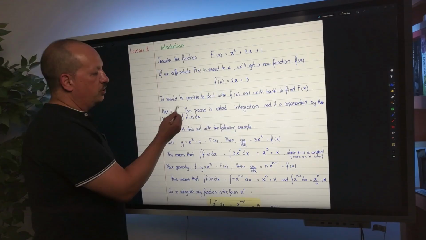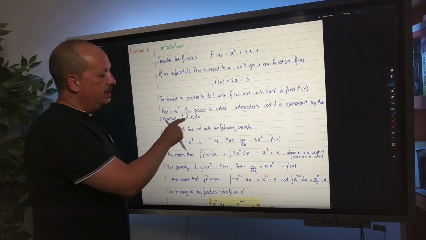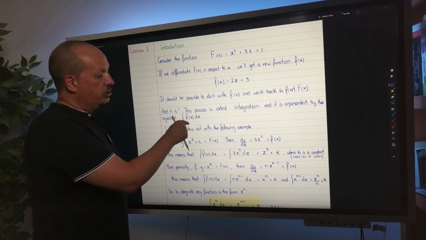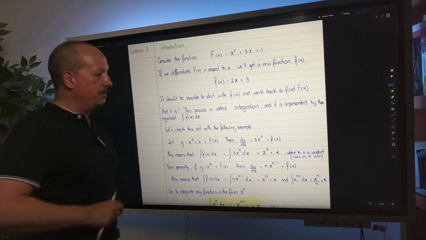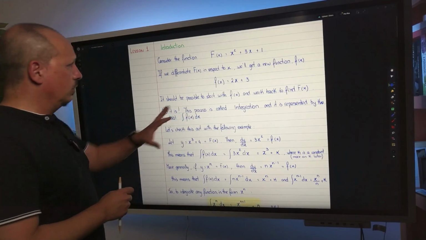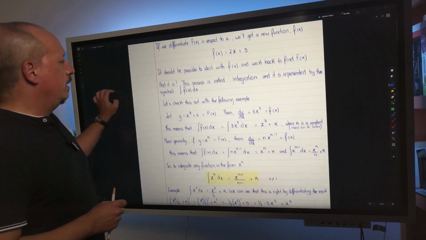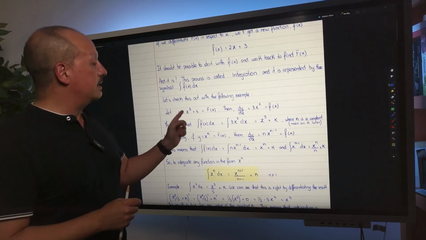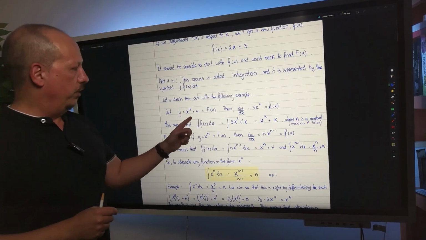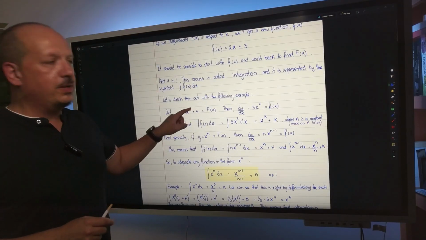You are going to see the reason for this in a bit as well. So this notation over here just means that you are integrating the function that you have over here, whatever it might be. All right? So let's pick another function. Let's say now that we have this function y, that is x cubed plus 4. It's a cubic function. And this is going to be the primitive.